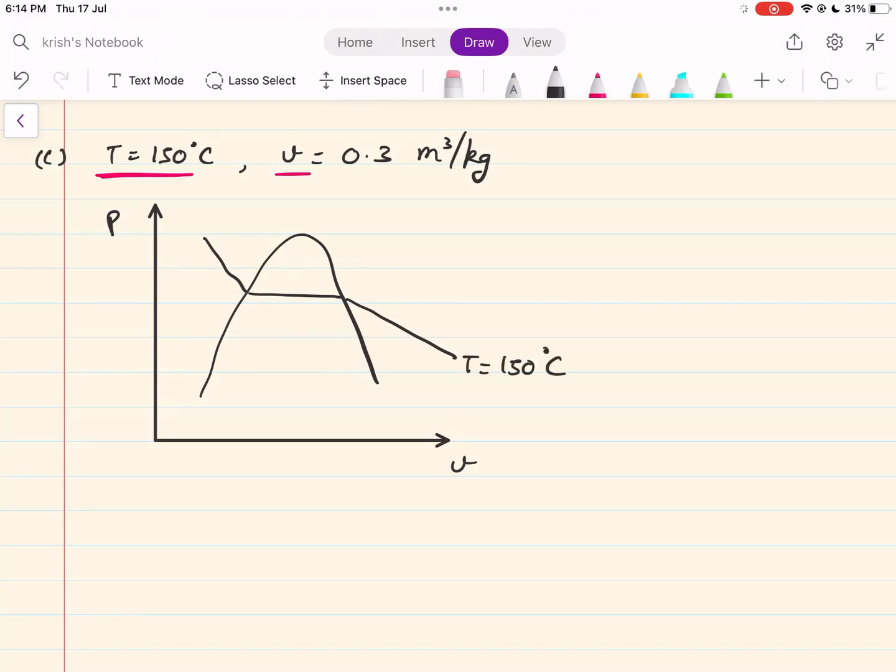This is T equals 150 degrees Celsius. We will also be able to do it using a TV diagram, but it is generally useful to do it the opposite way. If T and V are given, draw the PV diagram. If P and V are given, draw the TV diagram.